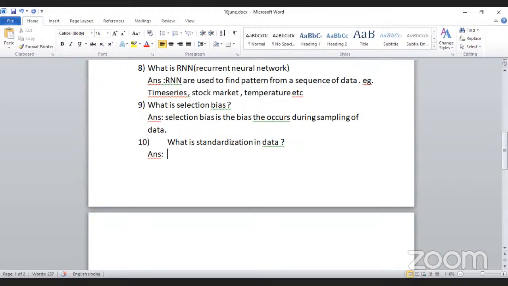As we know, normalization is also known as a Z-score. When we are going to standardize our data, what is the definition?